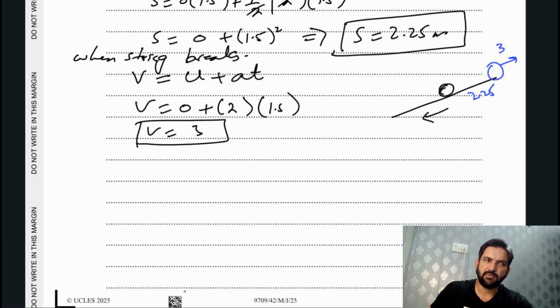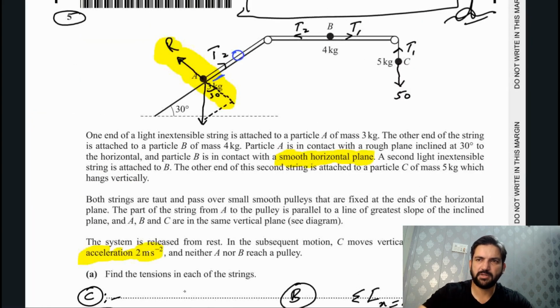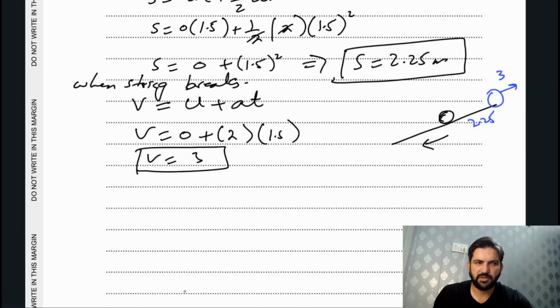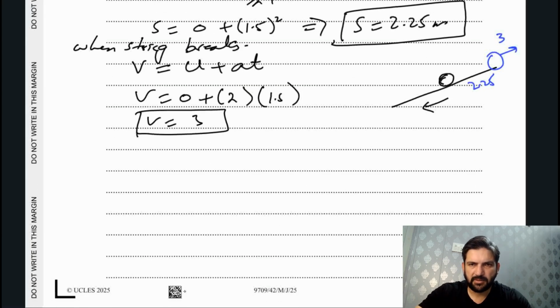Now how can we find the acceleration? The mass is 3, so 3a, and this will be minus 15 minus 11. How can we find the acceleration?